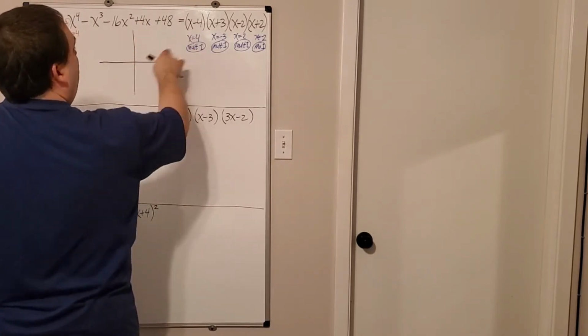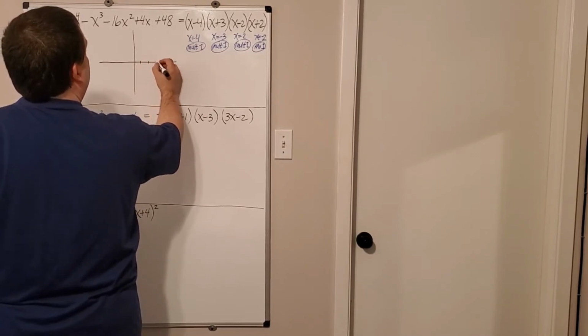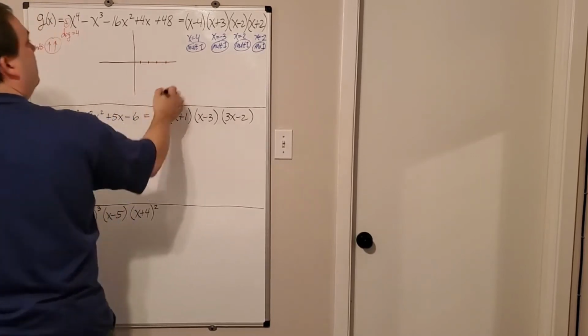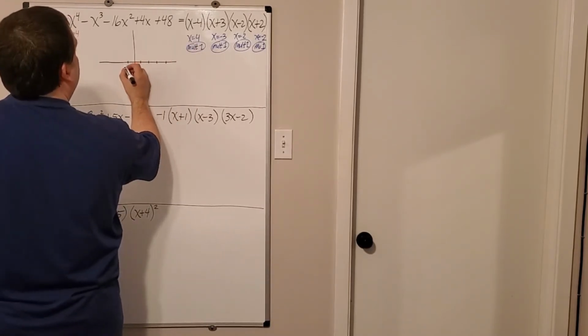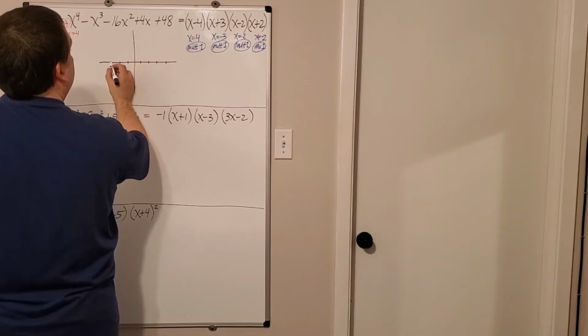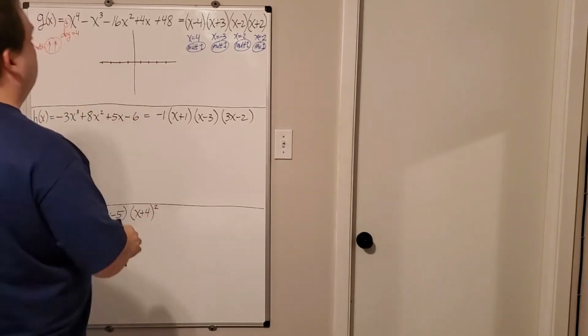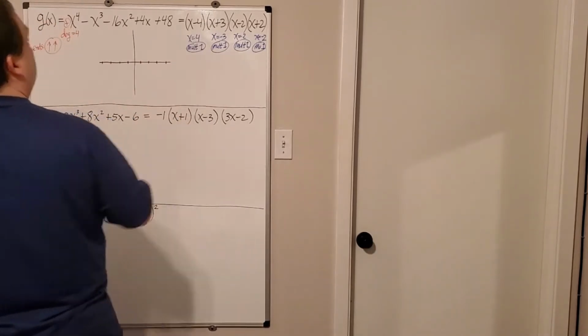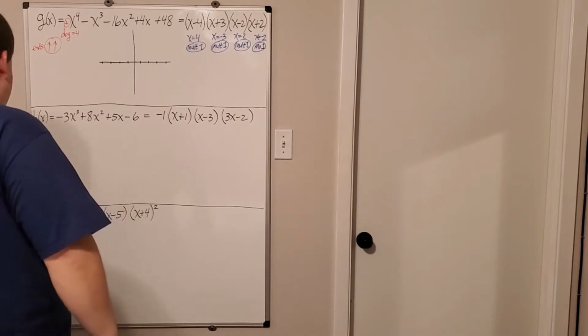And I need to go 4 in the positive direction here, and at least 3 in the negative one, right? So 3, 2, 3. I'll go ahead and do 4 just to be balanced. Doesn't matter, it's fine.